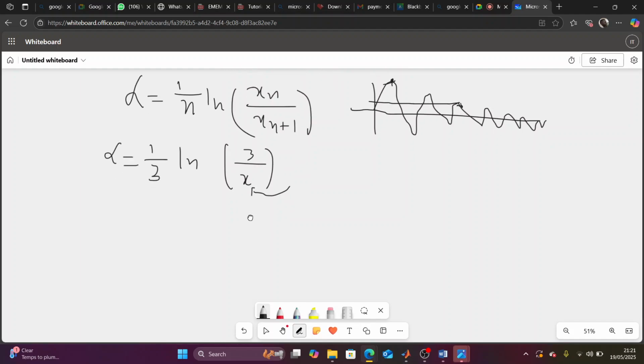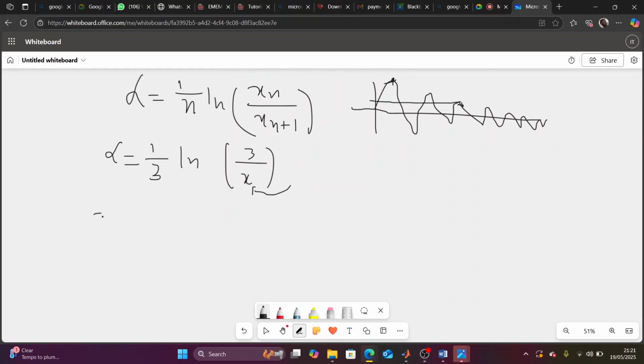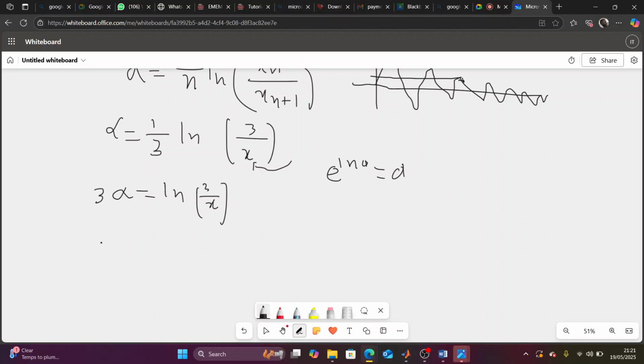Now, it's just simple math. We cross multiply here. We're going to have 3 times the logarithm decrement equal to ln of 3 over x. Remember this identity, guys: e to the ln a gives you a. So if I want to drop this ln here, I simply have to introduce e on both sides. Are you with me, Andile?